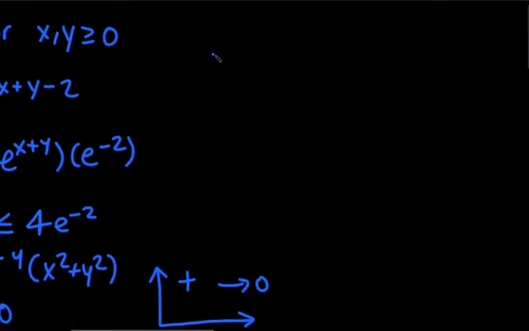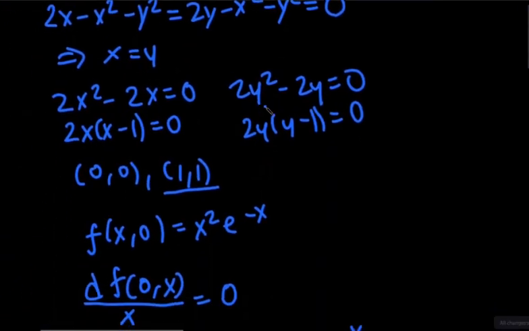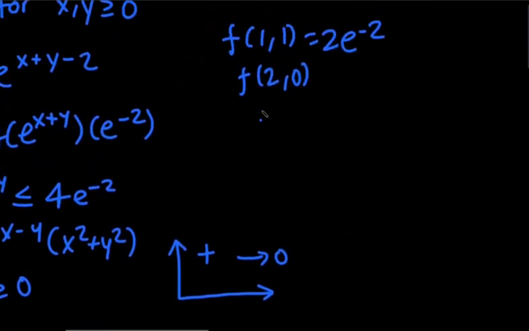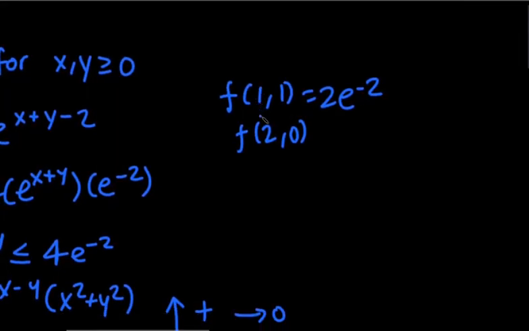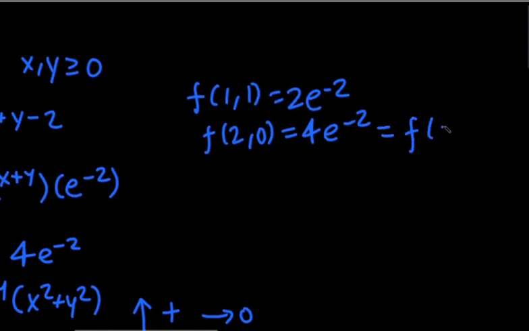So the function at 1 comma 1 is equal to 2 by e squared, and at 2 comma 0, it would be equal to 4e to the minus 2. And notice that 0, 2 and 2, 0 are the same thing.